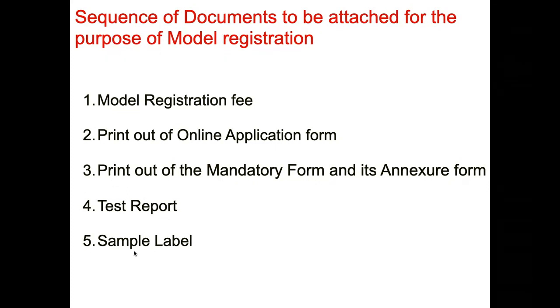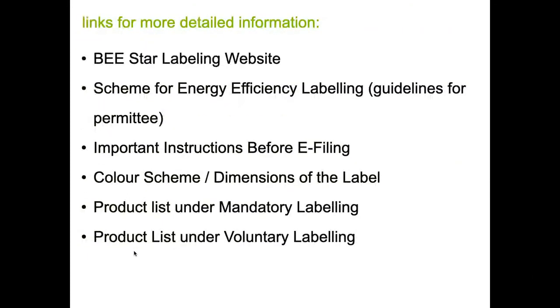You can refer to such information in the links, where you will get more detailed information. If you go through the BEE star labeling website, you will get to know all the registration sequences.